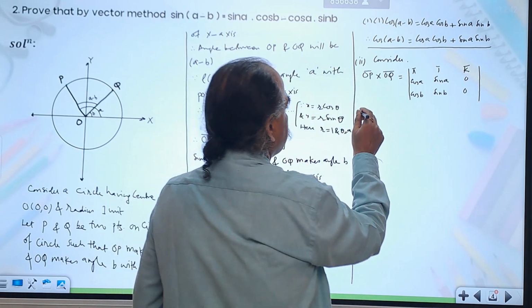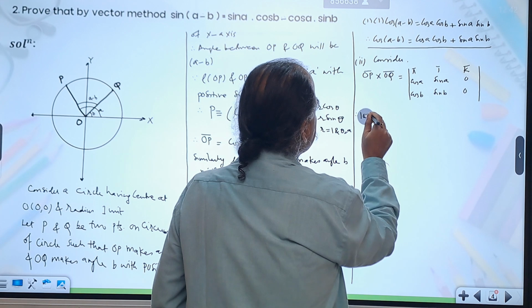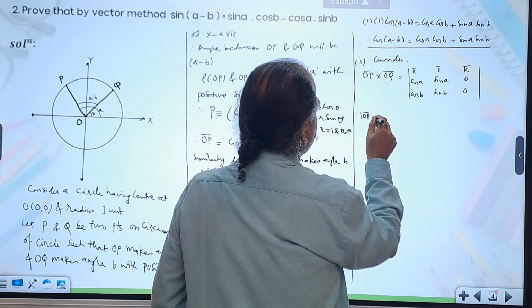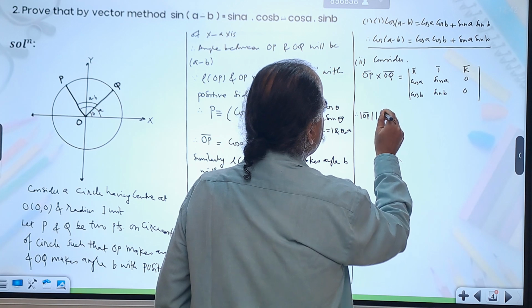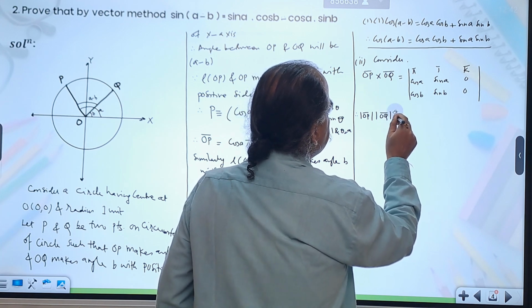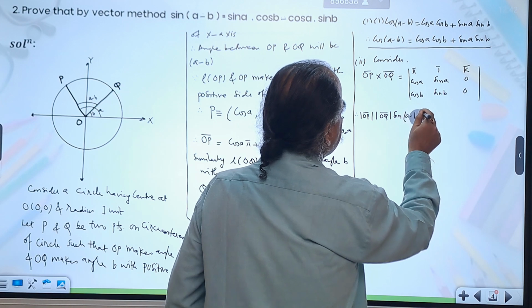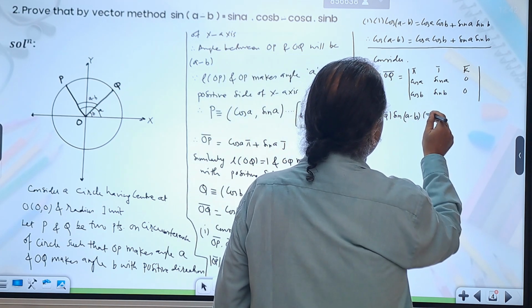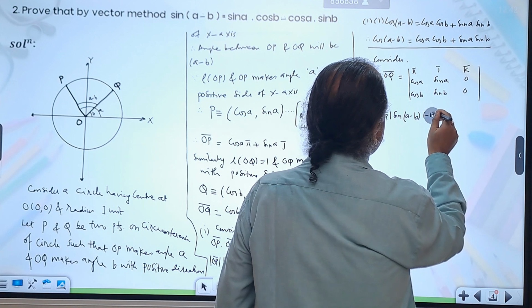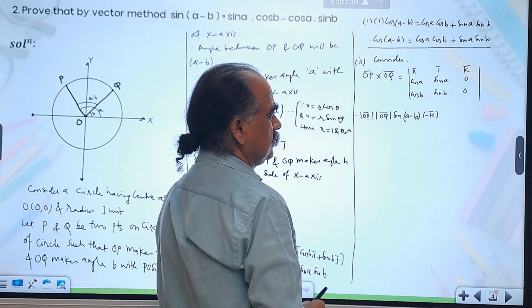So when you take cross product of these two, it will give you mod OP bar, mod OQ bar, sin of the angle between OP bar and OQ bar, which is A minus B, and here minus K bar is what? Unit vector perpendicular to OP bar and OQ bar.